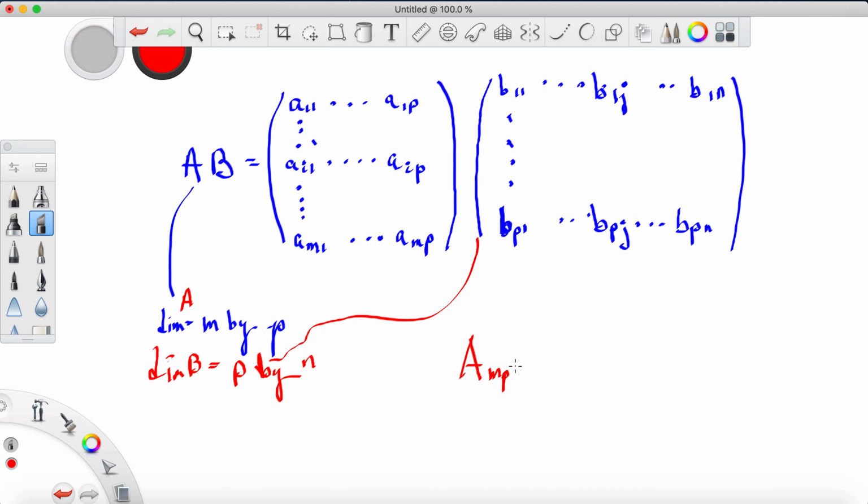Now, this isn't referring to an entry because I'm using capital A and I'm not using a lowercase letter. And B, I'm going to write it like this.